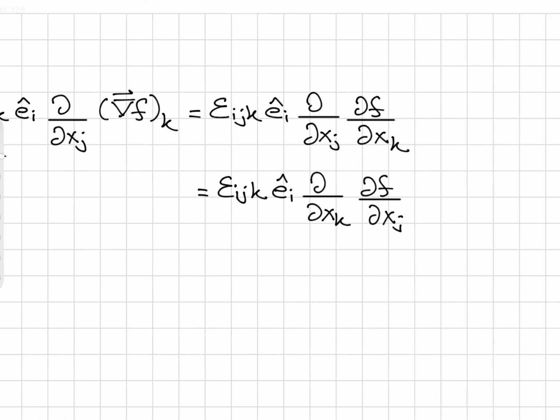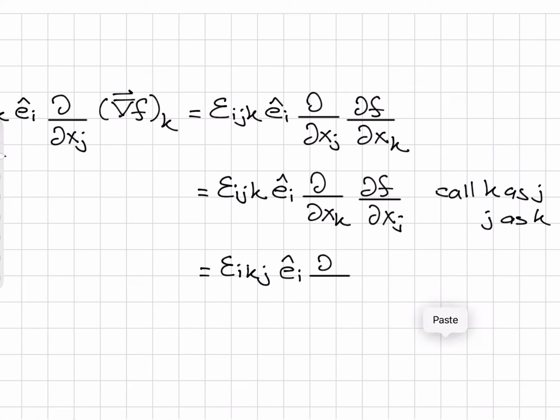And then I'm going to call k as j and j as k. So this is going to give me, instead of epsilon ijk, epsilon ikj ei hat del xj del f del xk.